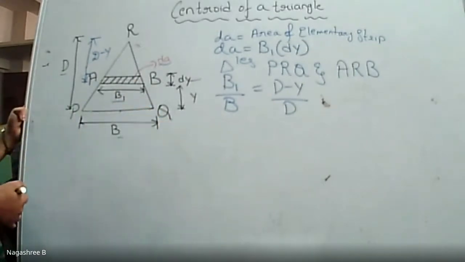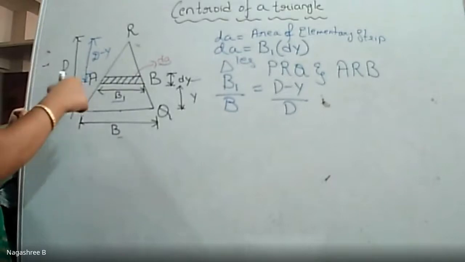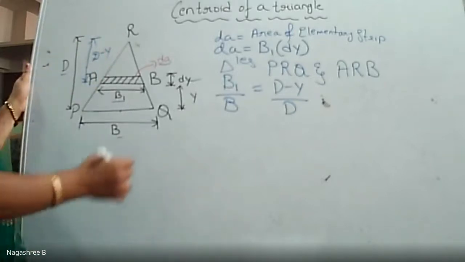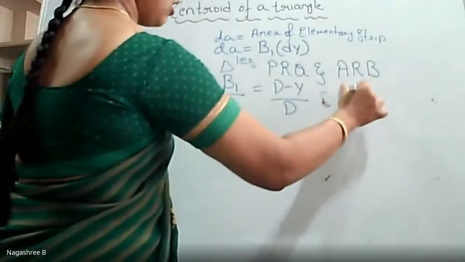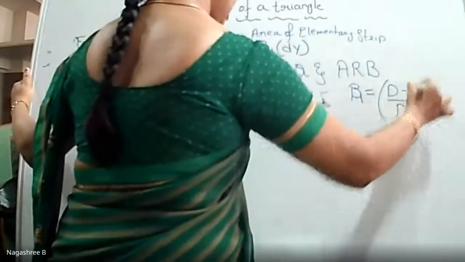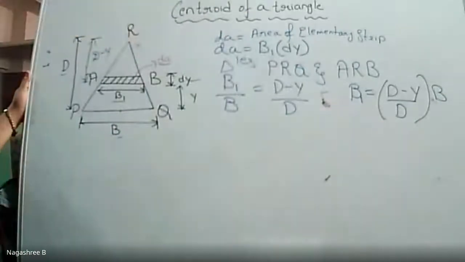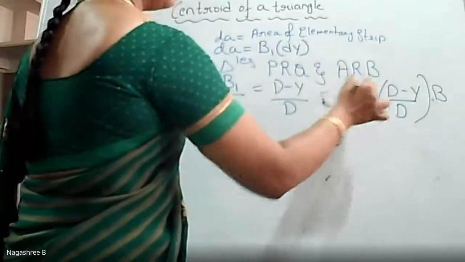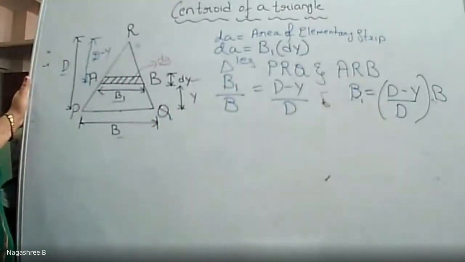The overall depth is equal to D, so the vertical distance between A and R will be equal to D minus Y. Therefore, B1 is equal to D minus Y divided by D times B. This is the width of the elementary strip in terms of the width of the overall triangle.